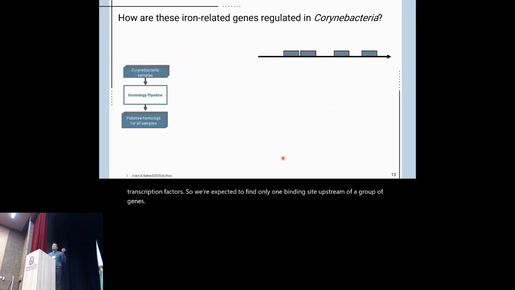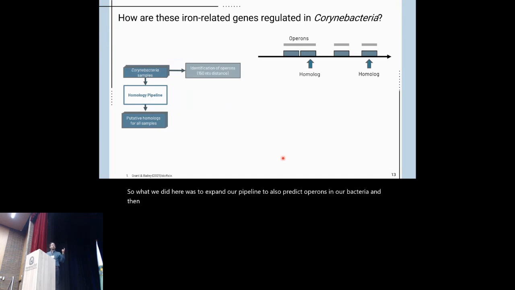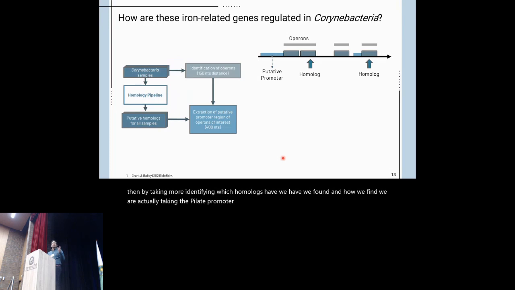So what we did here was expand our pipeline to also predict operons in our bacteria, and then identify which homologs we find. We take the putative promoter region, the upstream region of the operon itself, so the first gene of the operon, as seen in this part here, or if the homolog is not found in any operon structure, we just take the putative promoter region of this gene.